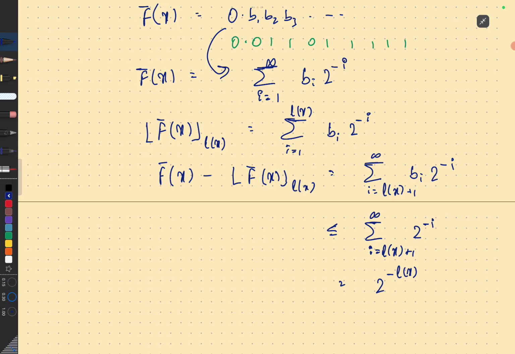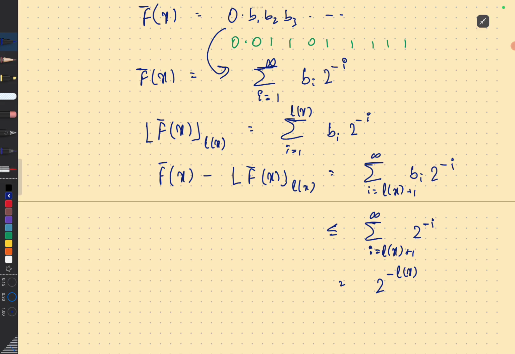So firstly, unlike the Huffman code, where if I wanted to get the code word for one particular symbol, I had to construct the entire code tree, in this case, if I want to find the code word for one symbol, I don't need to find the code words for any of the other symbols.